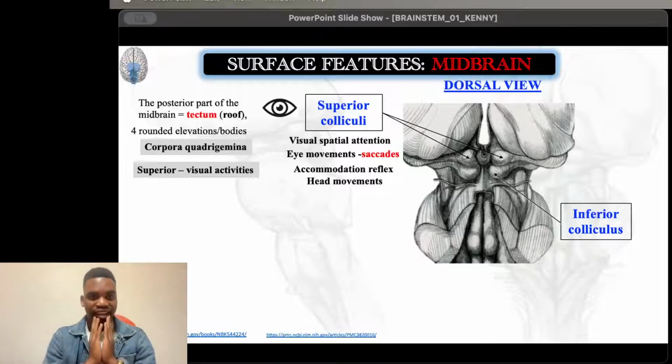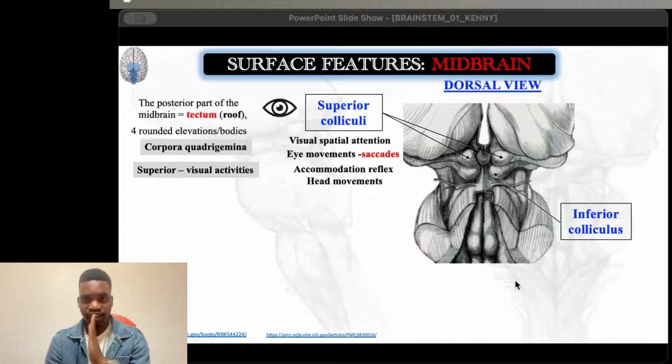At the moment, you can just memorize that the superior colliculus helps us in movement, in visual activities. One among them is visual spatial attention, and some movements of the eyes. But for today, you just memorize that it helps in visual activities.